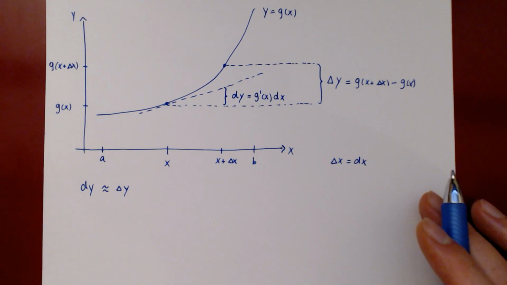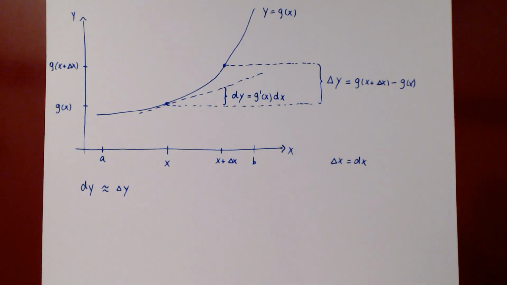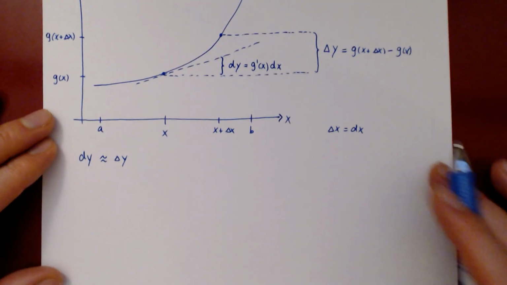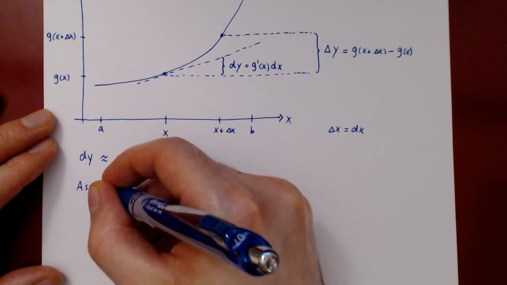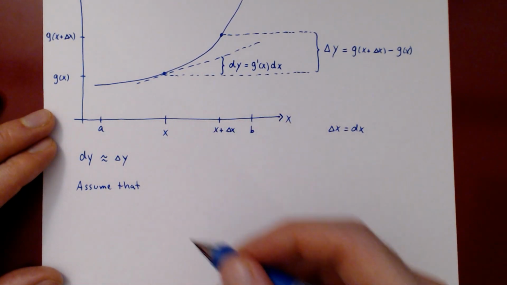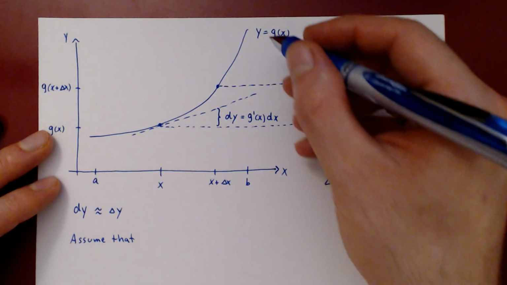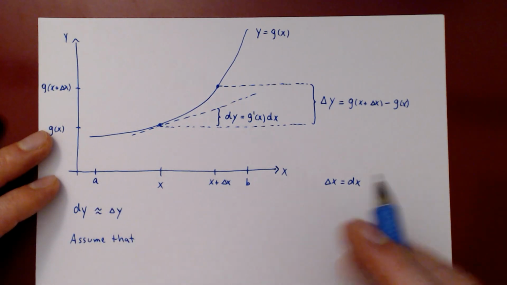It may not be clear at first why we make this assumption, but it will become obvious as we go along the argument. The assumption we make is that not only do we assume that the second derivative of g exists, but that it is also continuous on the interval from a to b.